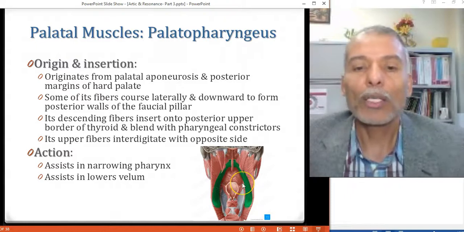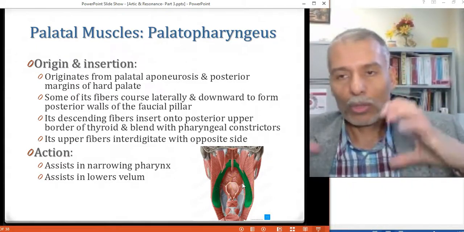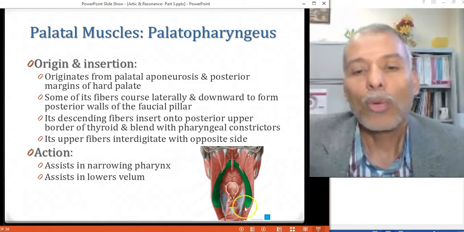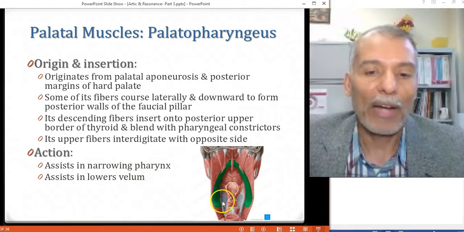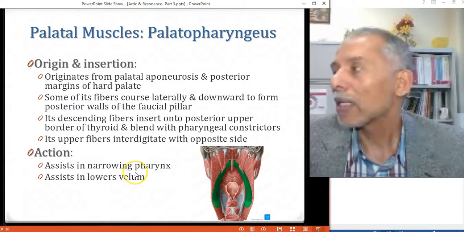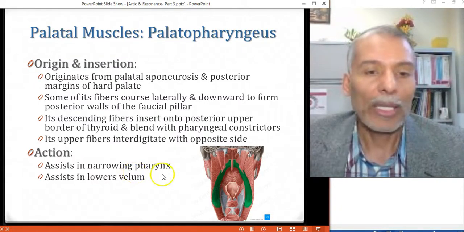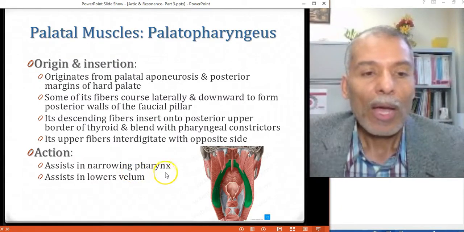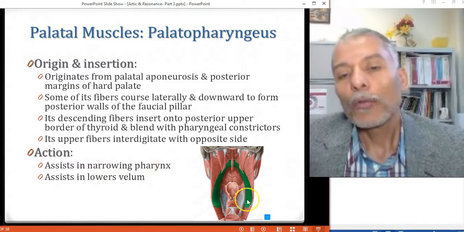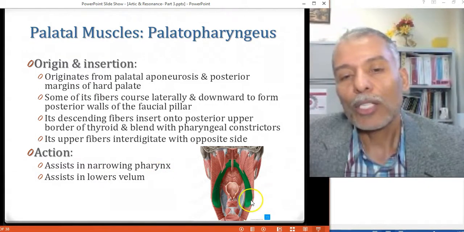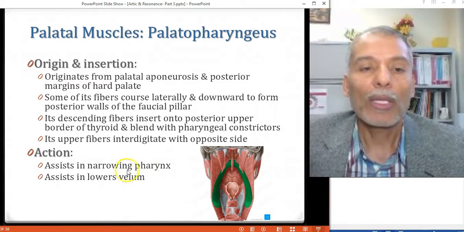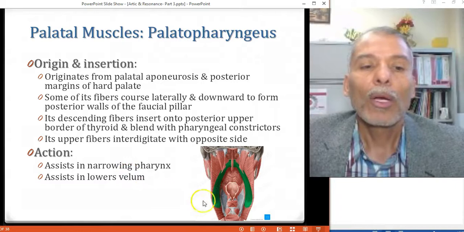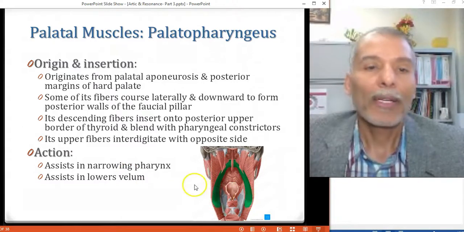So now you can imagine that when you contract the muscle, you are going to elevate the pharynx, and you assist in narrowing the pharynx down. And also, if you fixate the lower attachments, you can lower the velum. So this muscle can either lower the velum or narrow and elevate the pharynx.